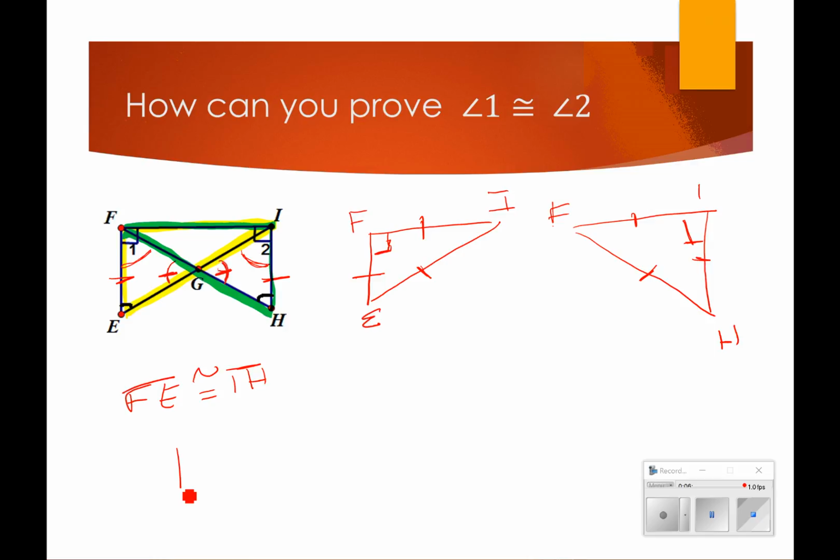So I can actually prove that FEG is congruent to, didn't draw a very good triangle there, IHG, because I have this congruent to this congruent here, and then we've got vertical angles are congruent, and these are congruent. So we can say that those triangles are congruent by angle, angle, side, and then angle 1 would be congruent to angle 2.